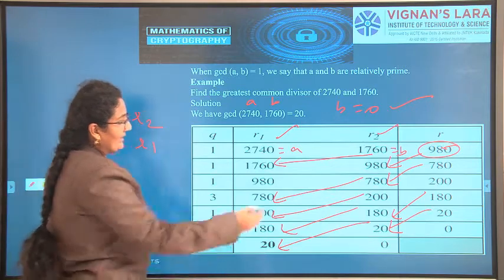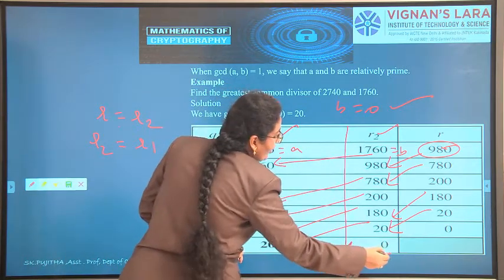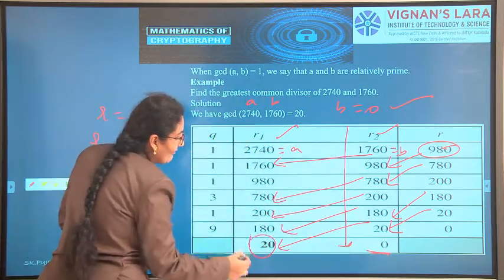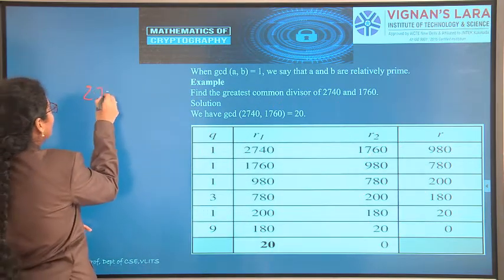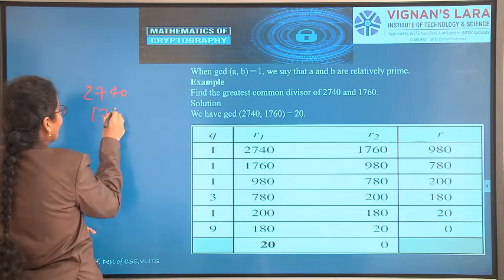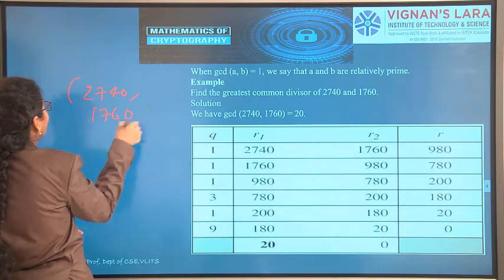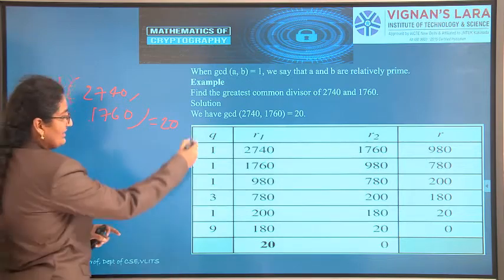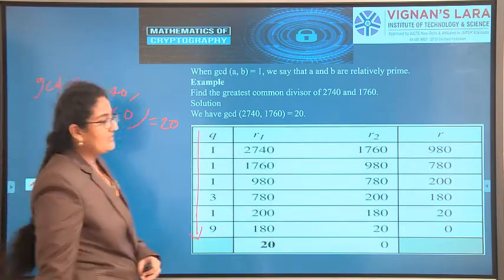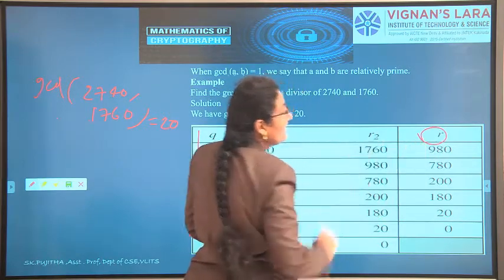This should be repeated until R2 is 0, and the finally remaining R1 will be the GCD of the two numbers. So 2740, 1760, when performed GCD, we will get 20. So these are the coefficients. Q is the coefficient, R is the remainder.